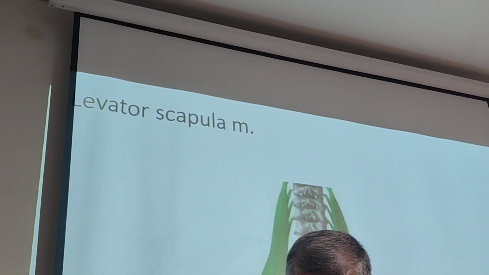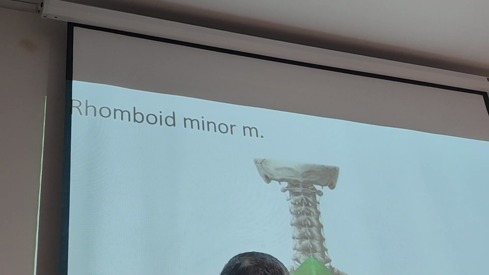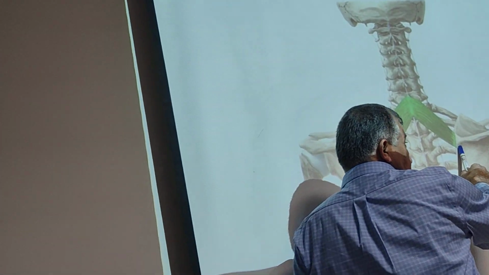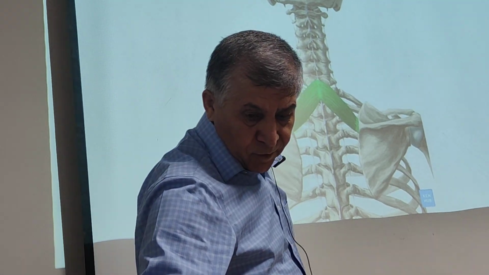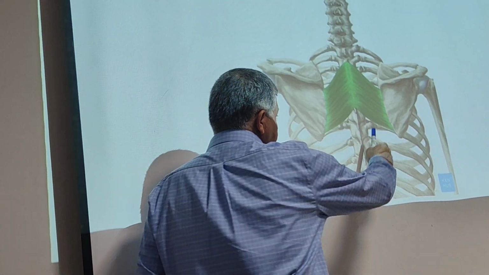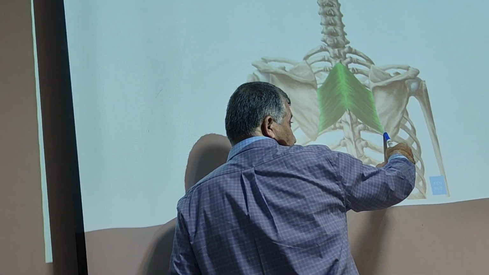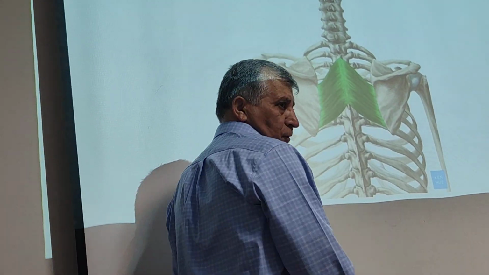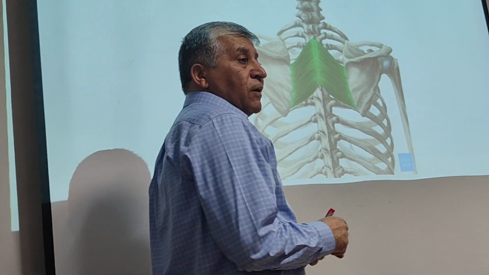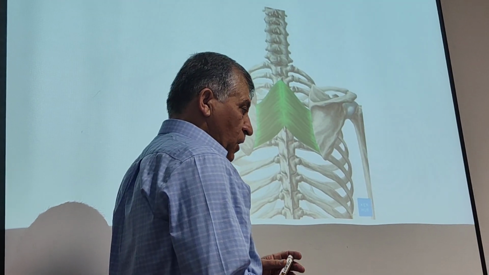Rhomboid minor inserts to the medial border of the scapula at the level of the root of the spine. Rhomboid major inserts to the medial border of the scapula below the spine. Okay? All of them are innervated by the dorsal scapular nerve.